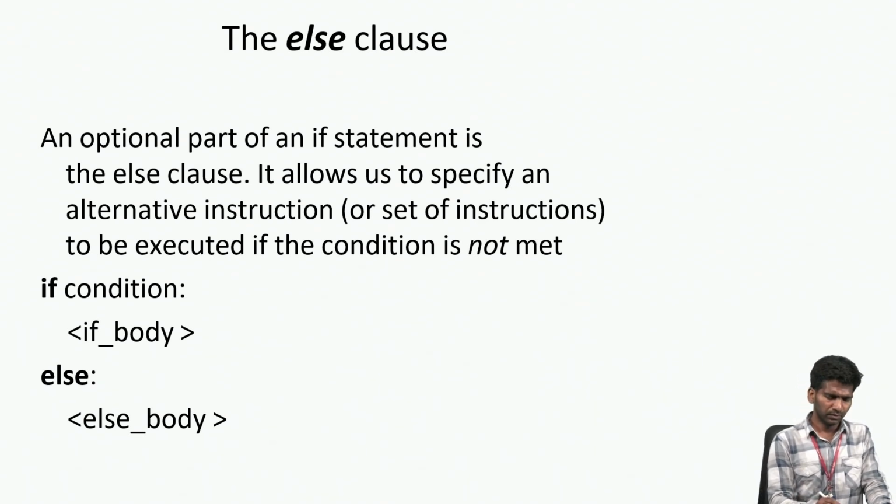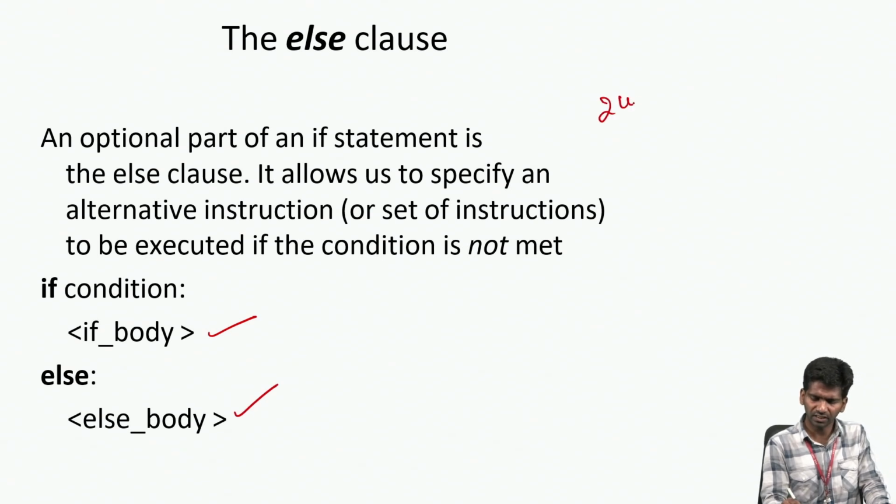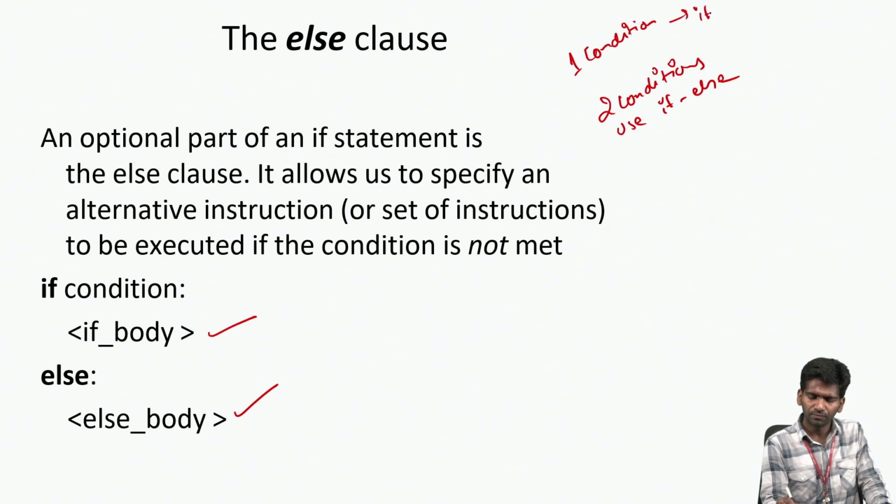If that condition is true, use the statement that should be there in the if. If it is not true, then go to the else part. So if two conditions are there, use if else. If one condition is there, we can go with simple if.